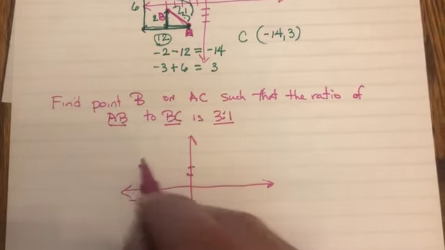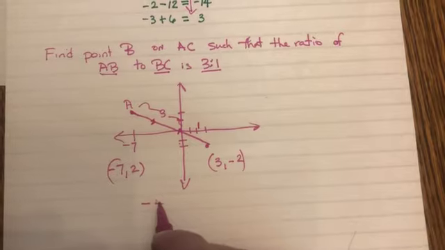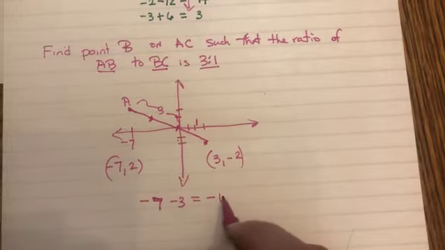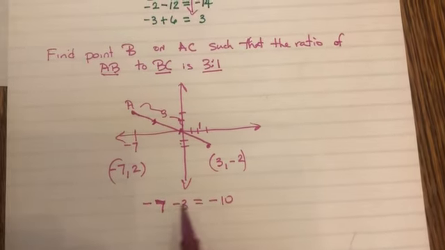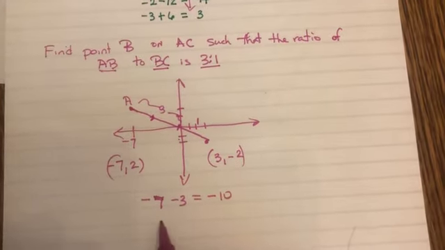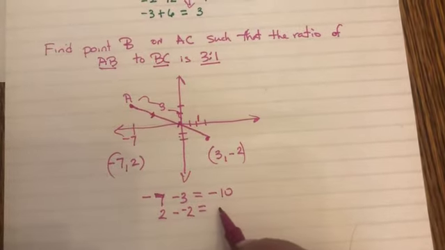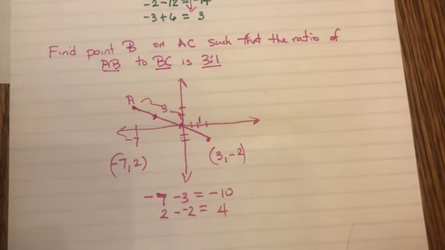All right, so let's find the distance between these 2 points. This point was at -7, +2. This point was at 3, -2. So if I find the distance between these 2 points to start, -7 minus 3, so -10, and 2 minus -2 is 4.